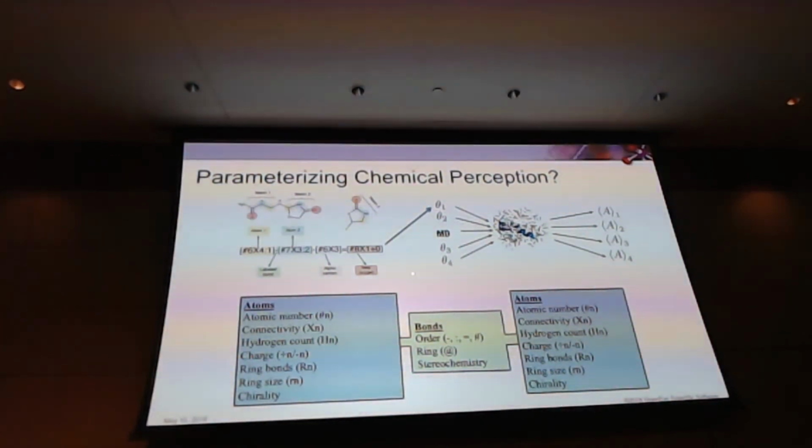What if the parameters that we're changing is actually the chemical perception? What if you take this string, which is a SMARTS string, and you consider all the different parts of this SMARTS string, like X4 means the connectivity, there are 4 connections to the carbon atom? You've got these hydrogen atom counts and these other properties that are part of a SMARTS string, and what if in fact you sample different chemistry by changing these different properties in the SMARTS string on the different atoms?